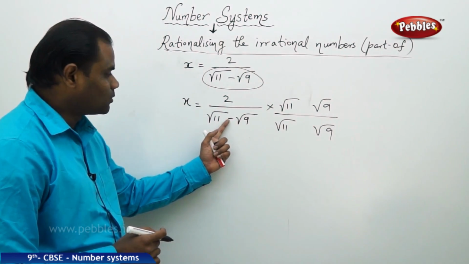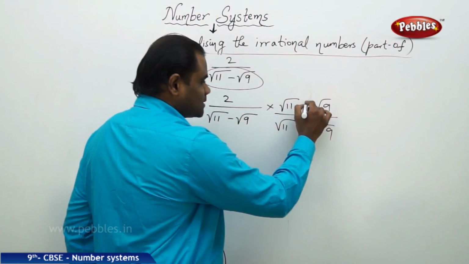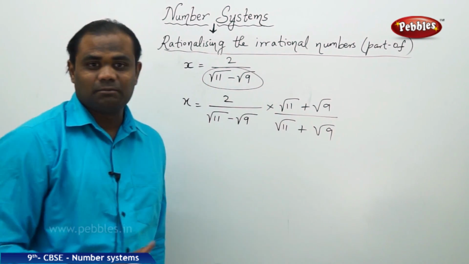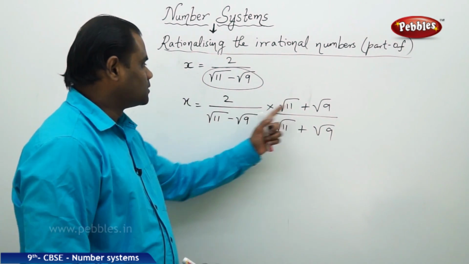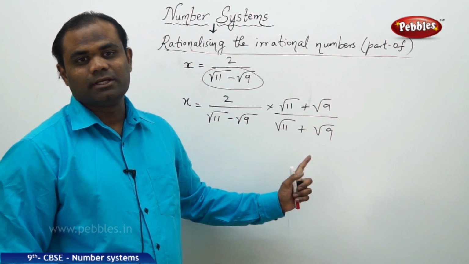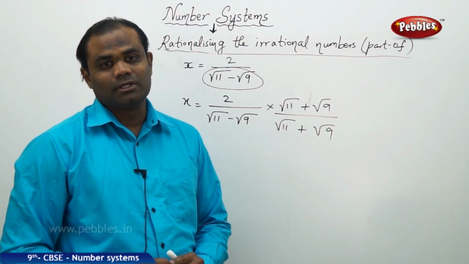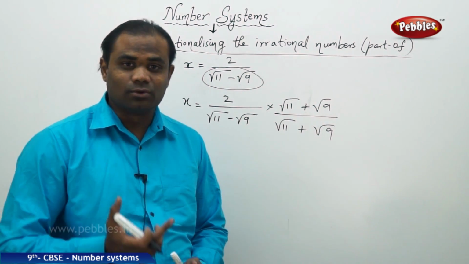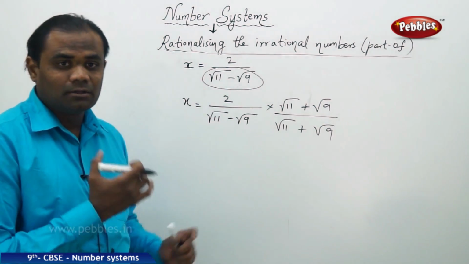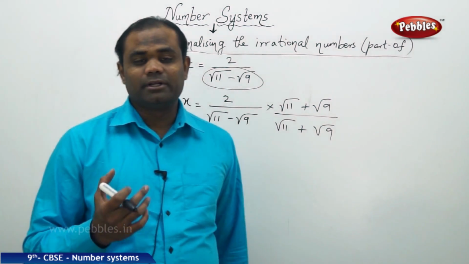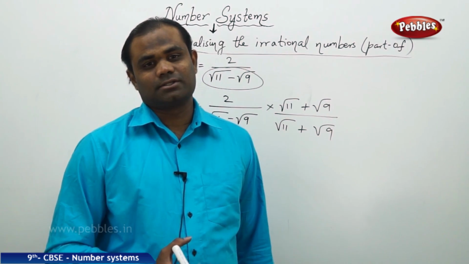If I have minus in the given question, I have plus, which I multiply and divide. If I have plus in the given question, I put the opposite sign minus in the numerator and denominator. This is the general rule which applies for any problem where the denominator or numerator is rationalized in this format.